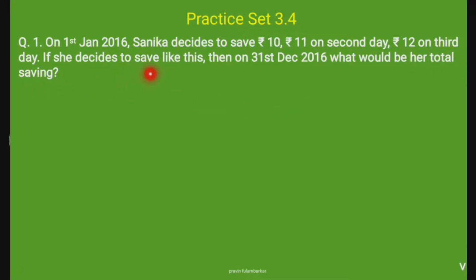If she decided to save like this, then on 31st December 2016, what will be her total saving? That means Sanika decided to save rupees 10 on the first day, then on the second day she saves 11 rupees, on the third day she saves 12 rupees.